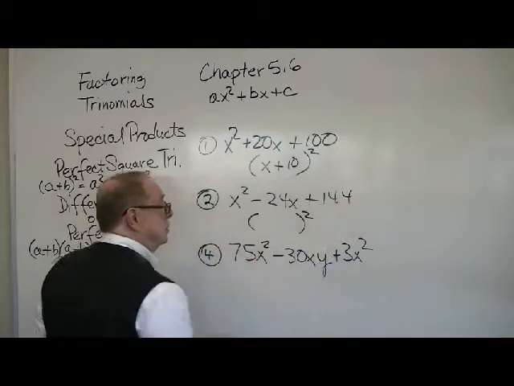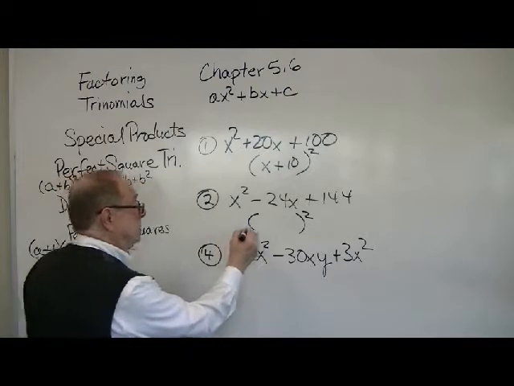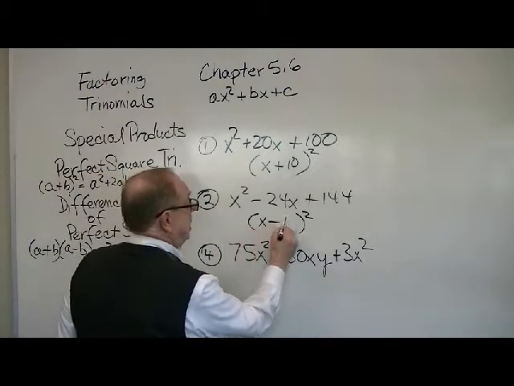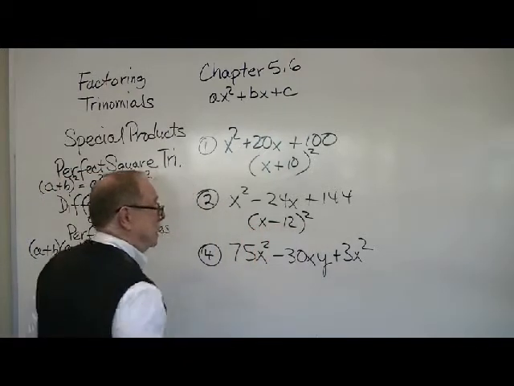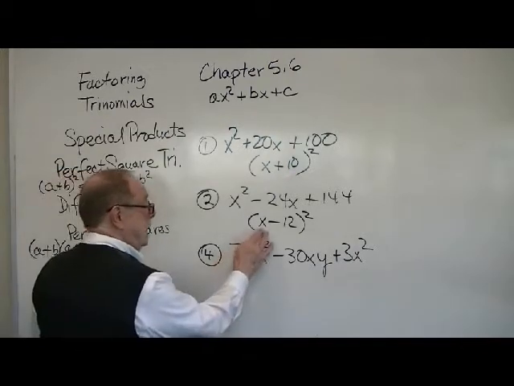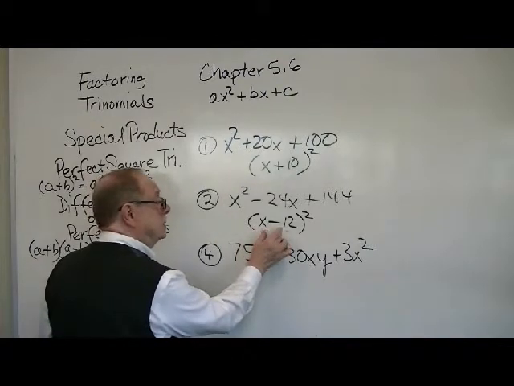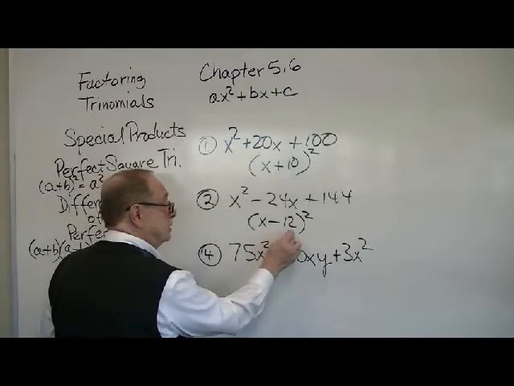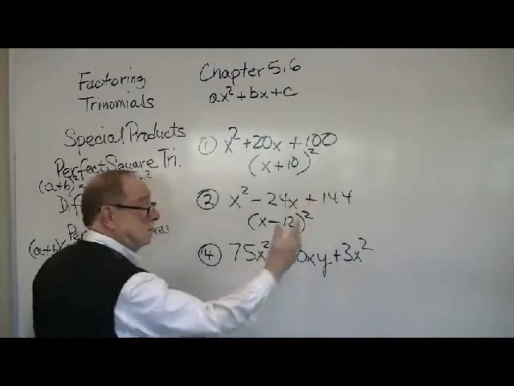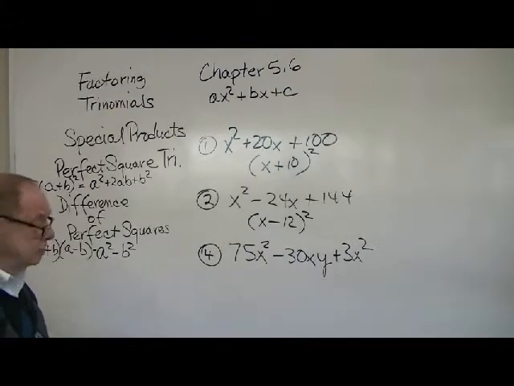So this is a perfect square trinomial, and it will factor into x minus 12, the quantity squared. And if you check it, x square it, multiply these two together, double it, square this term, it checks out. And again, you can't always recognize them, but if you do, that's a good deal.